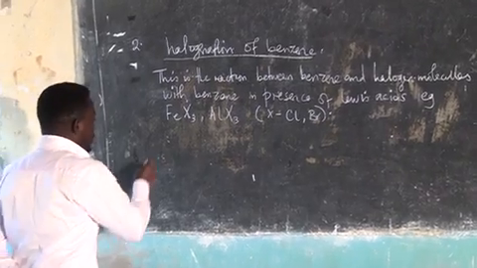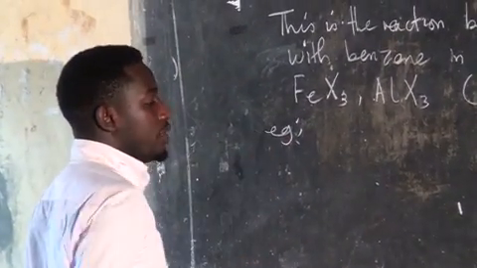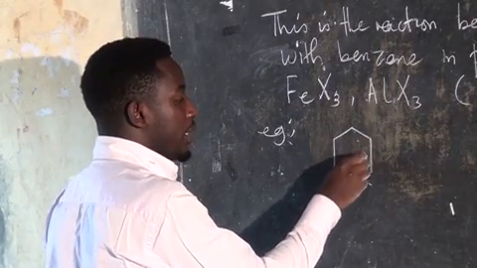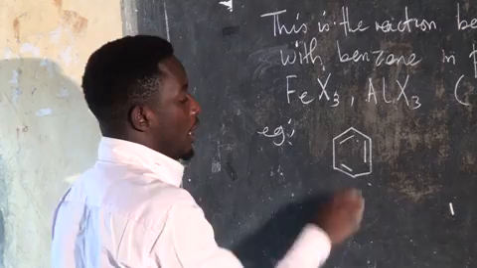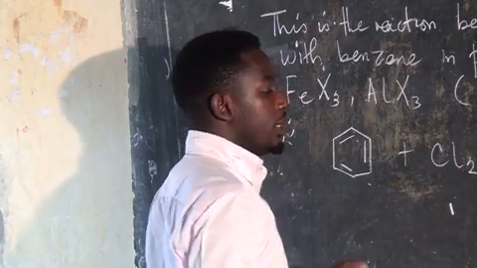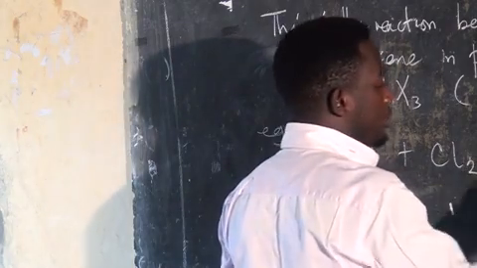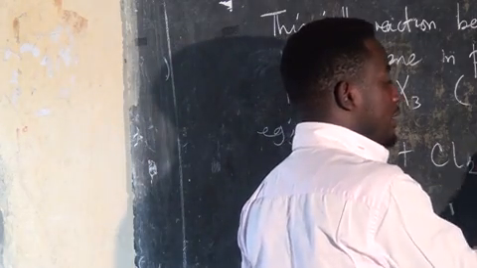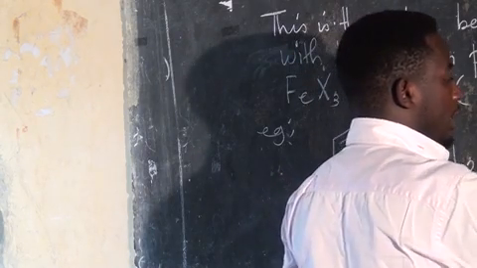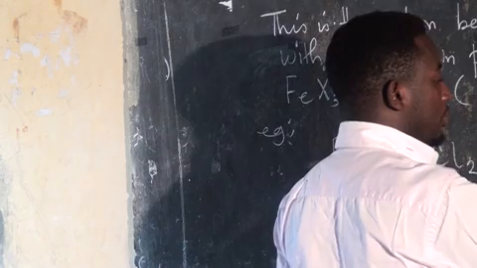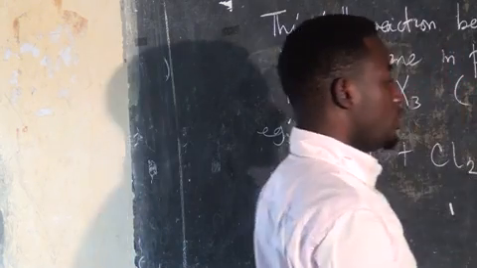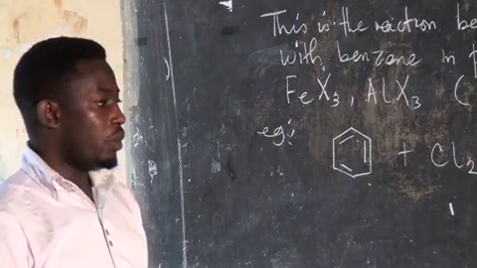So, e.g., we're going to have a reaction between benzene and chlorine in the presence of iron 3 chloride. This will lead to the formation of chlorobenzene.